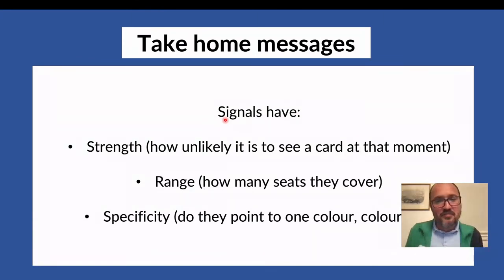So basically, does the information you get point to a color pair, to a rarity that's missing, or, on the wheel, can it give mixed information about different colors, or like if you see something surprising. So the specificity of the signal is something you should also take into account.